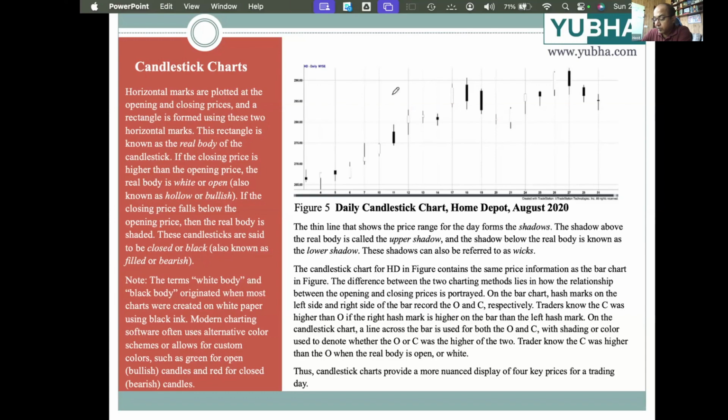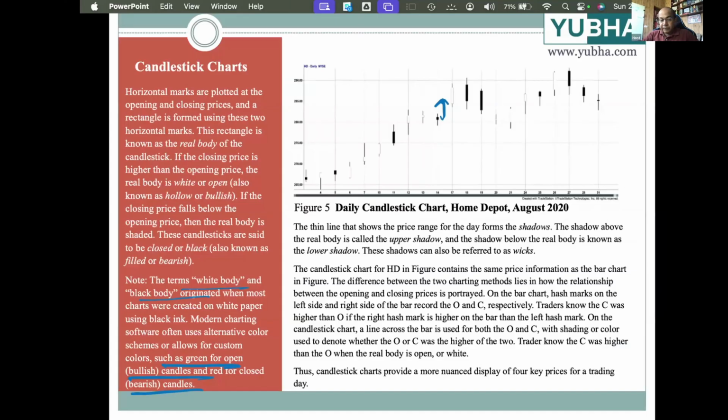And a hollow candle is the one that is going up because it is lighter. The terms white body and black body originated when charts were created using white paper and black ink. Today, on any of the charting platforms, you basically have green for bullish candles and red for bearish candles.